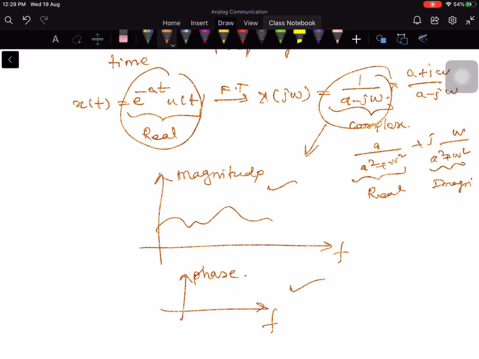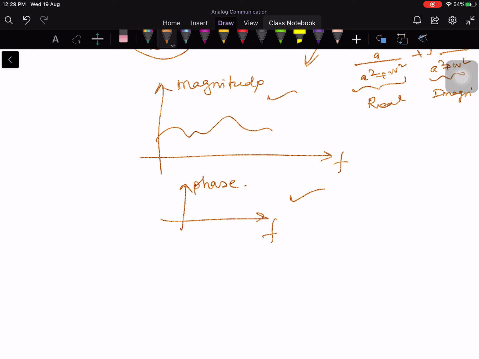If it is a non-deterministic signal, that is, if it is a random signal, it is usually better to talk not about the spectrum of the signal but about the power spectrum of the signal. If the signal is deterministic, then we will talk in terms of spectrum, and if it is non-deterministic, then we will talk in terms of power spectrum.